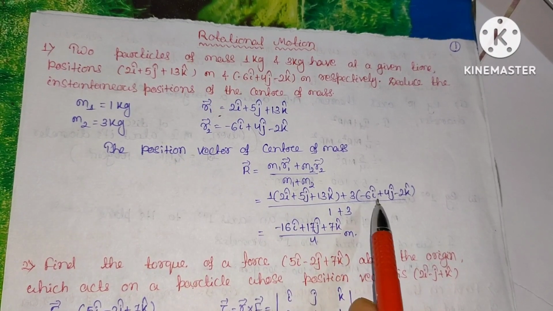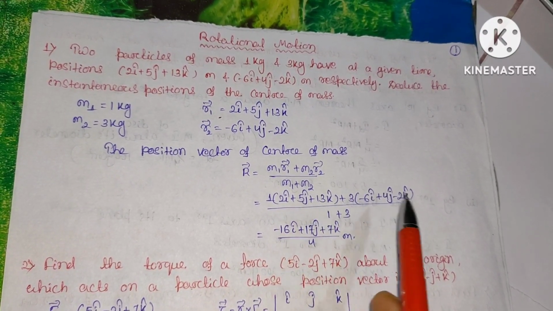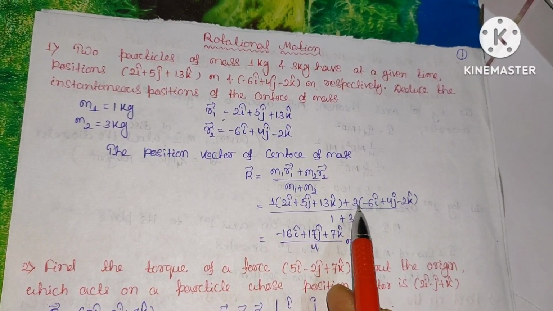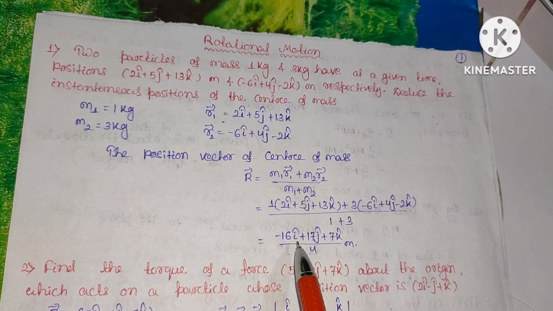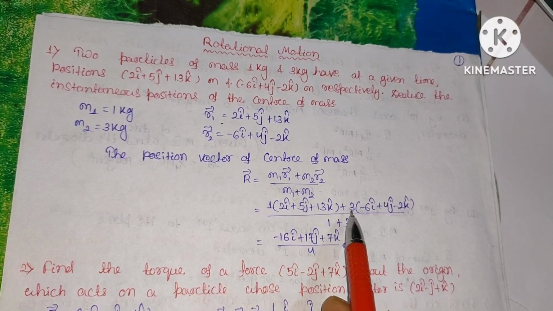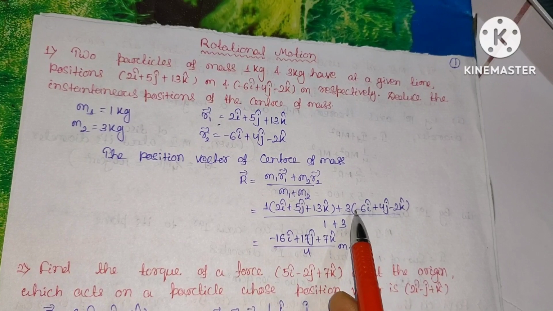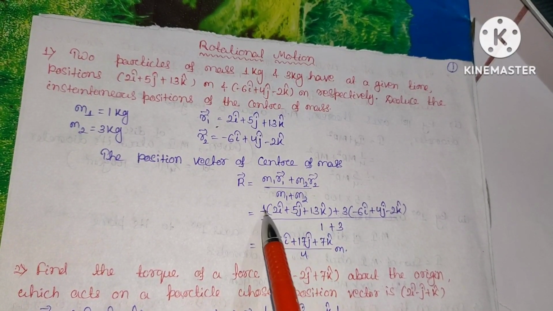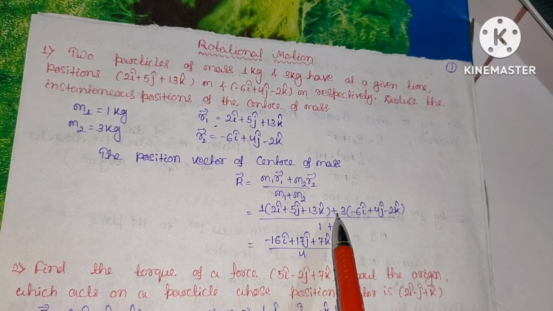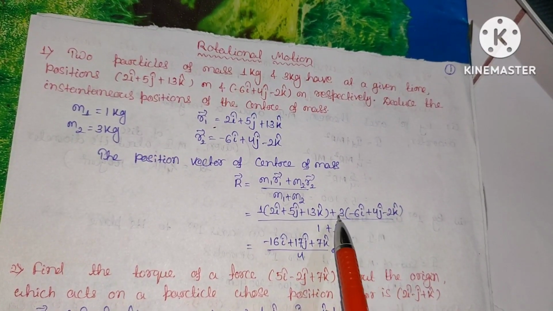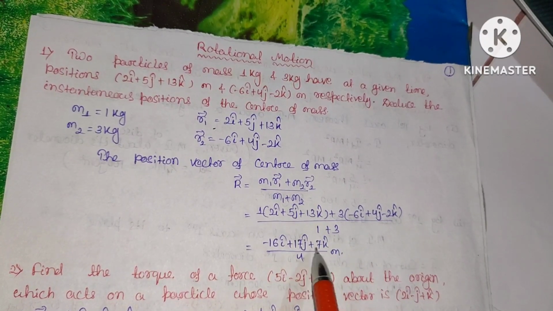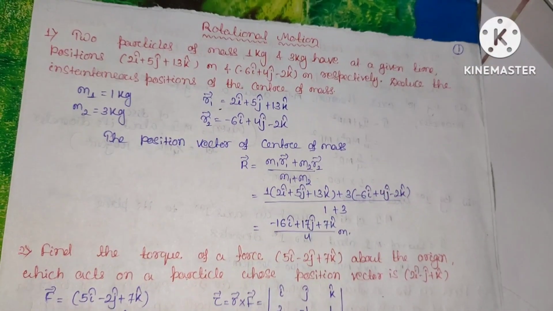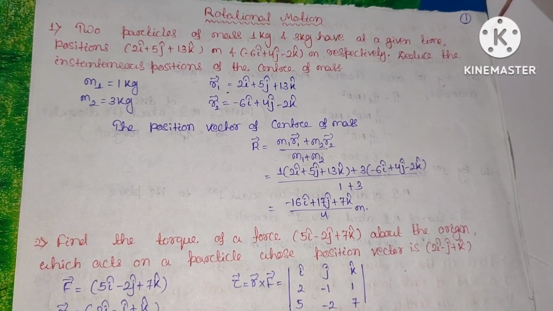Here, adding i cap with i cap, j cap with j cap and k cap with k cap, we get 2i cap, 3 into minus 6 that is minus 18, plus 2 is minus 16i cap, 5j cap plus 3 into 4 that is 12, 5 plus 12 is 17j cap, plus 1 into 13 that is 13k cap plus 3 into minus 2 that is minus 6, minus 6 plus 13 is 7k cap, divided by 4. So this is the position vector of the center of mass. I think this is clear.